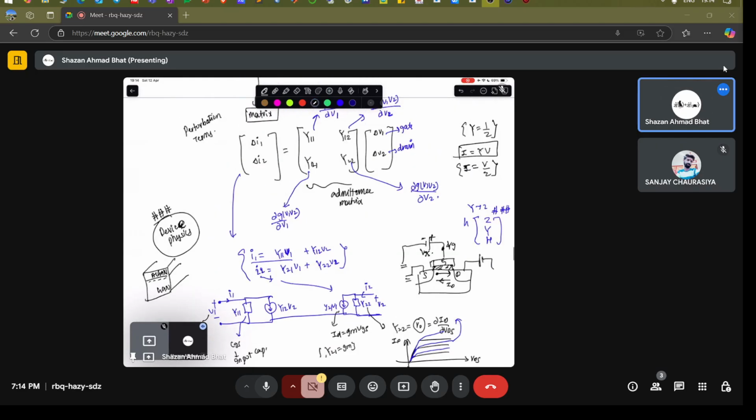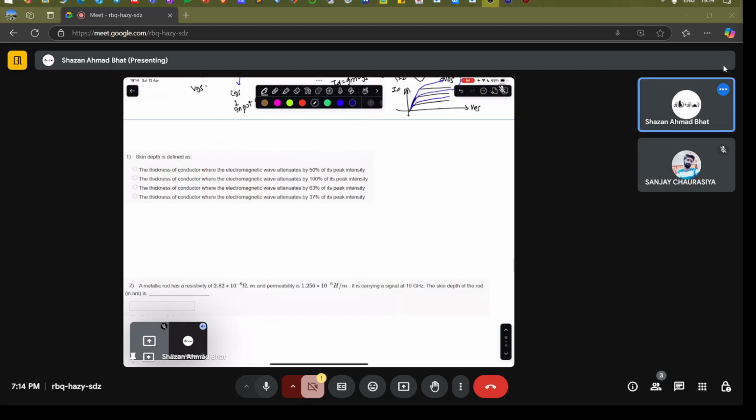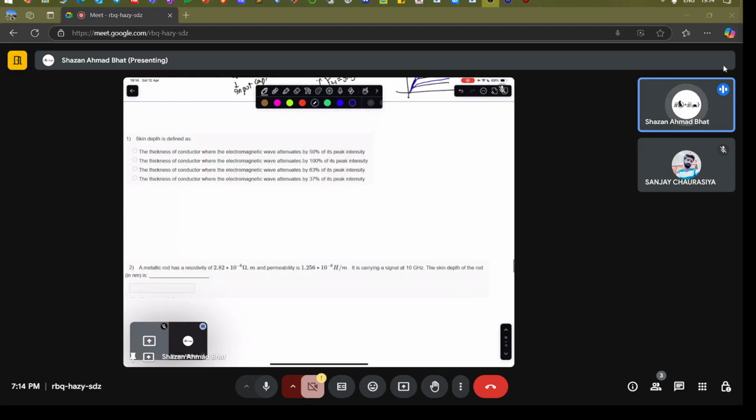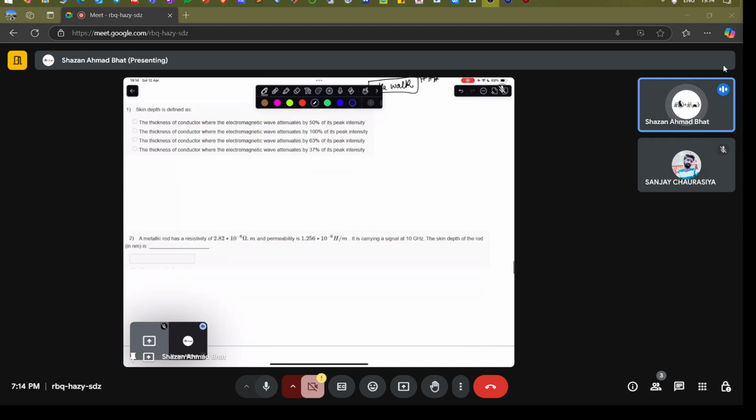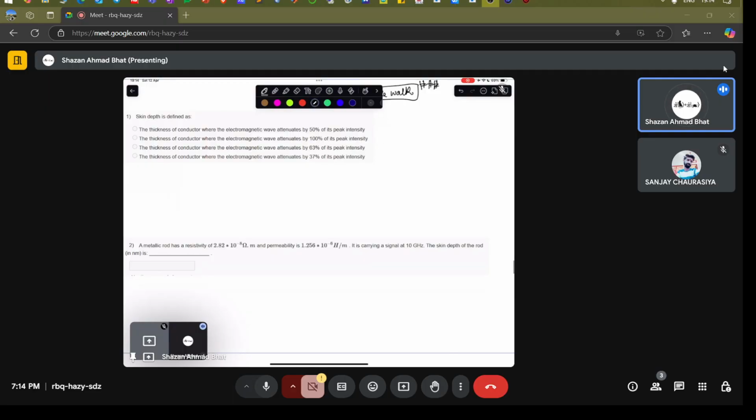Now if we go into the questions, they are pretty much a cakewalk, because these are all theoretical questions, and I hope after checking this session, you'll be able to easily solve them. Just like skin depth, I told you what skin depth is.